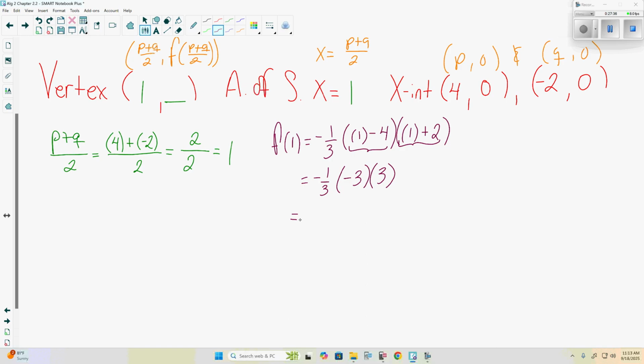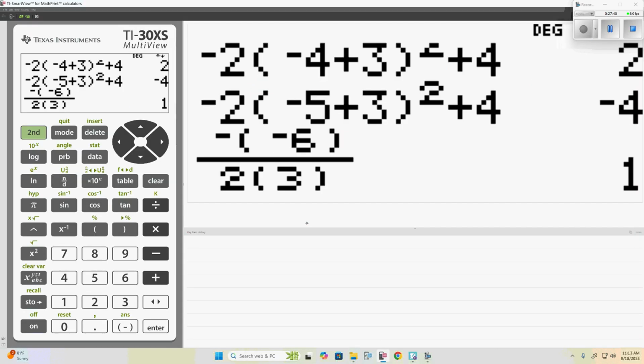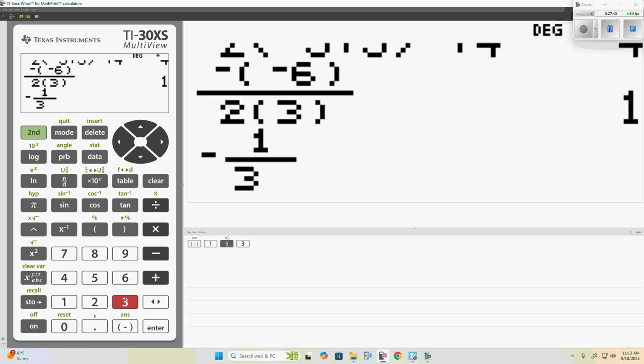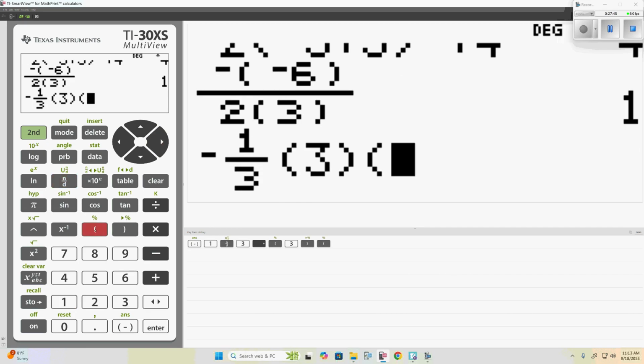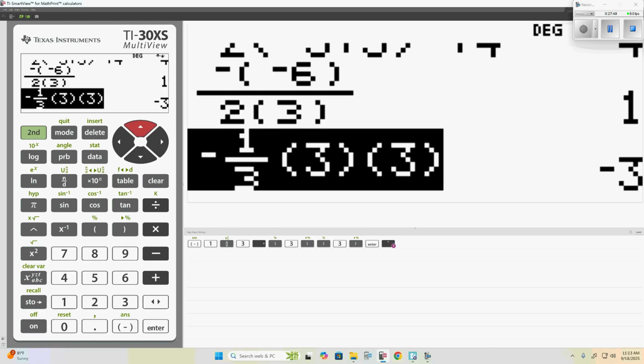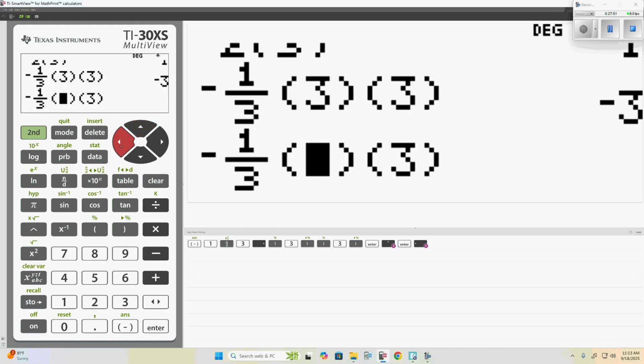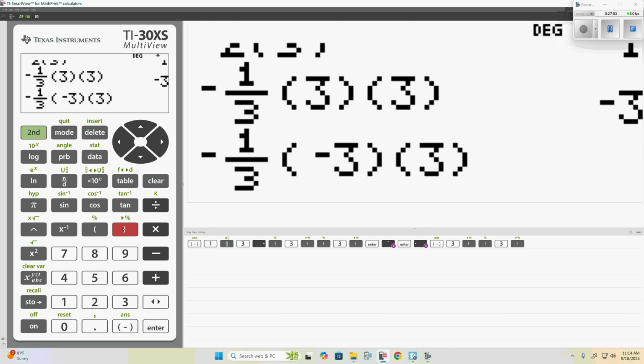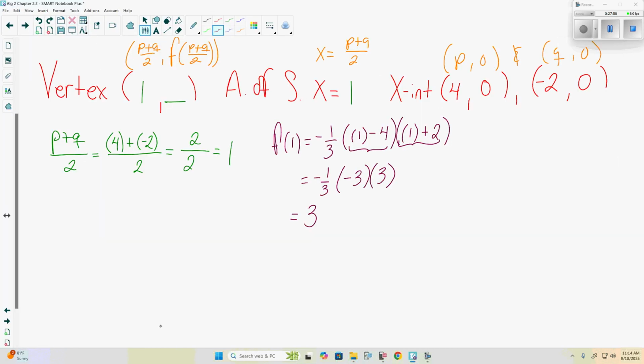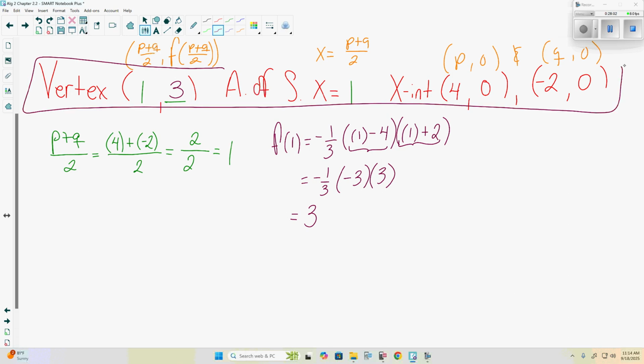And 1 times 3 is 3. It's negative 1/3 times negative 3 times 3. Well, it does help if I say that first 3 is negative. But we get 3, telling us that the y value of the vertex is 3. And that's it.